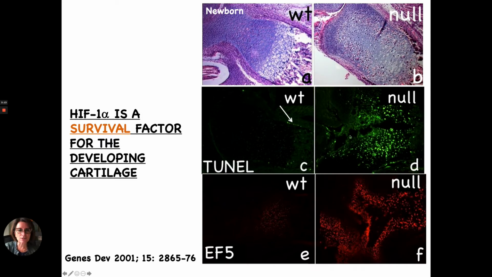And when we did the TUNEL assay, it was pretty clear that loss of HIF-1 led to massive chondrocyte death. So HIF-1 is a survival factor for hypoxic chondrocytes. What was quite interesting, however, is that the viable chondrocytes at the periphery of the mutant growth plate were much more hypoxic than control.